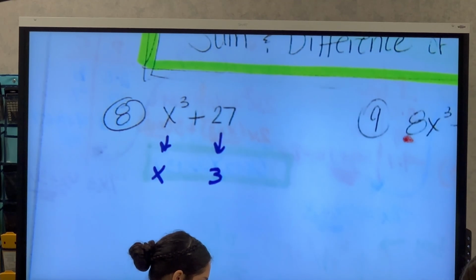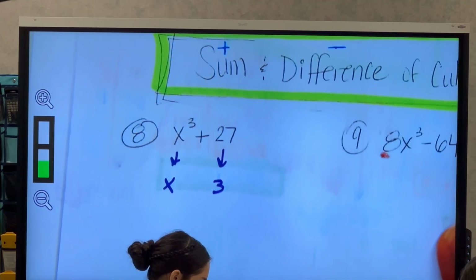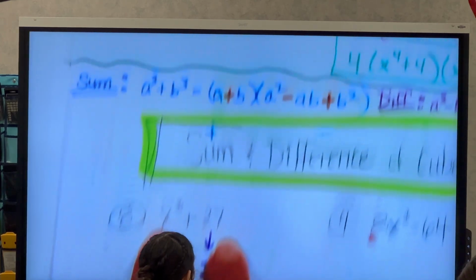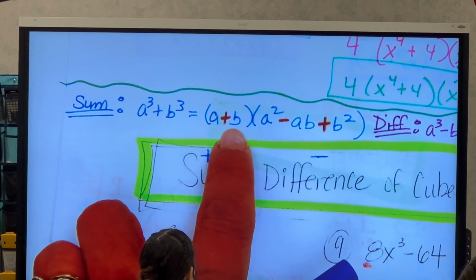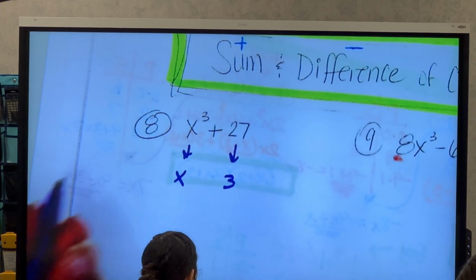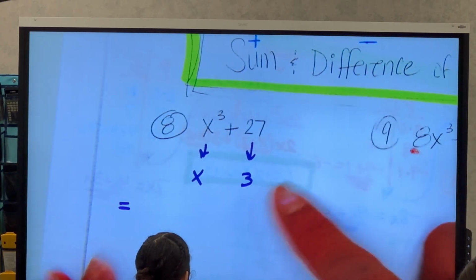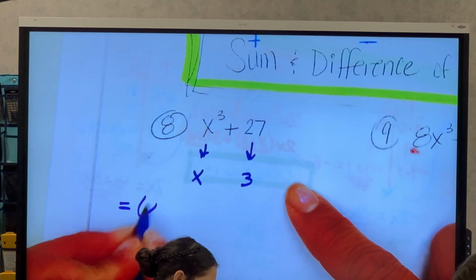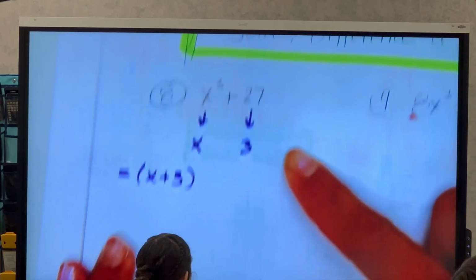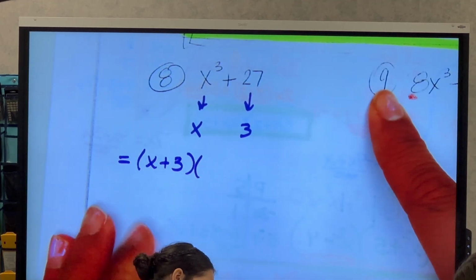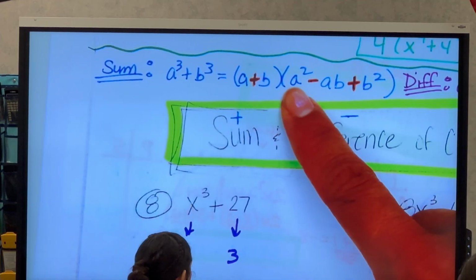I don't want to put a and b underneath there because then it might be too confusing. Just remember, these are the singles of these cubics. So they're my A and my B. Okay, so for this factorization, my first thing is A plus B. Well, A is X, B is 3, so X plus 3 is my first binomial. Then for the trinomial, I need in the formula an A squared.